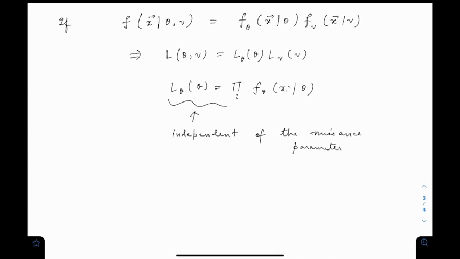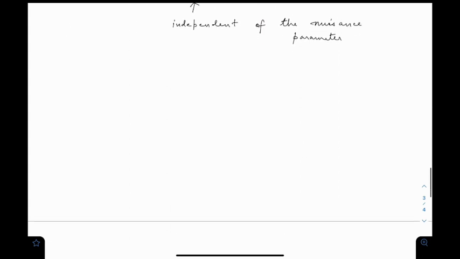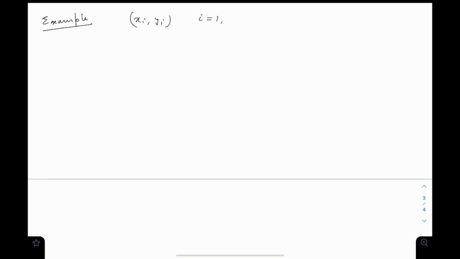So as an example, let's look at the elimination of a nuisance parameter by factorization of a two-dimensional normal distribution. So we look at a sample of n points xi, yi, where i goes from 1 to capital N, and these points follow a normal distribution.